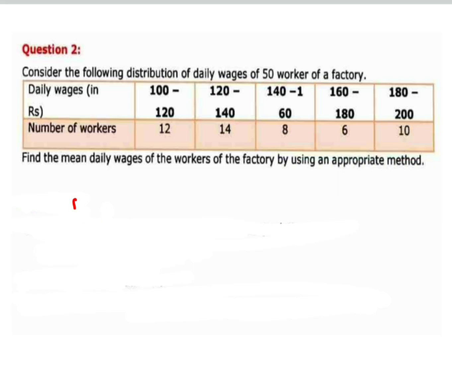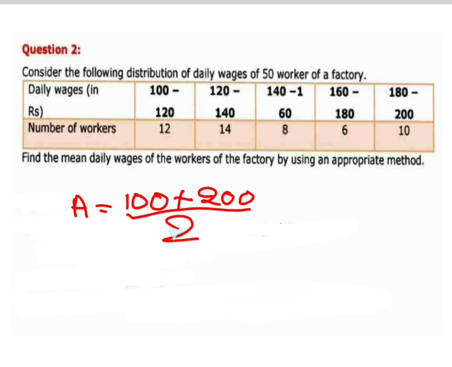We can take the least wage, 100 rupees, and the highest, 200 rupees. Add these two and find the average: 200 plus 100 by 2 is 300 by 2, which is 150.